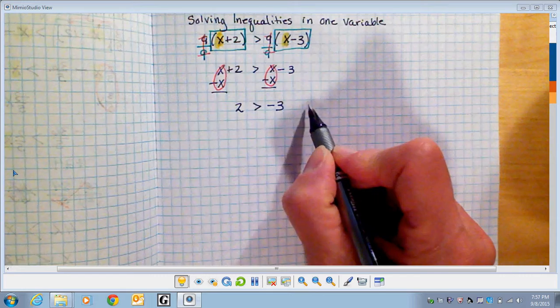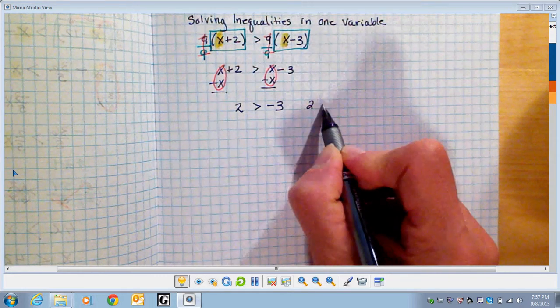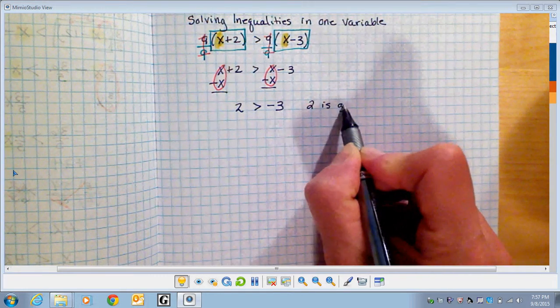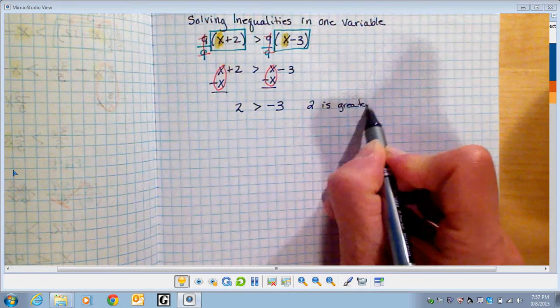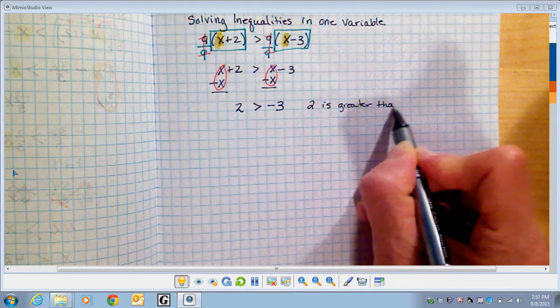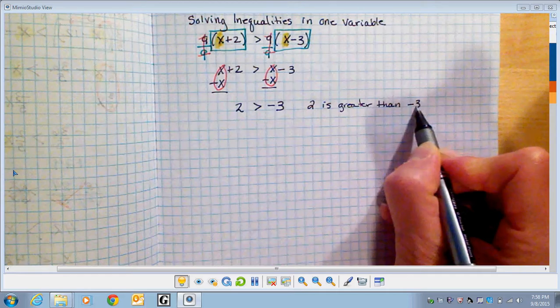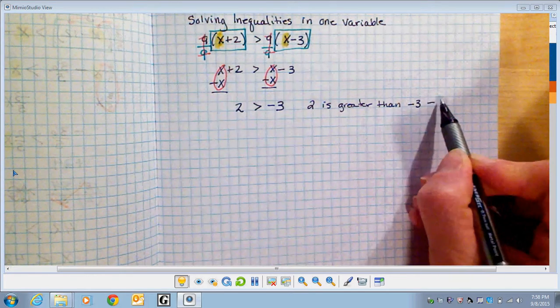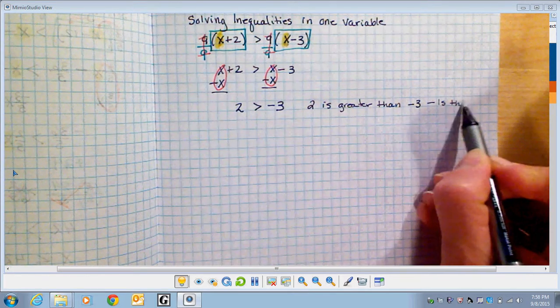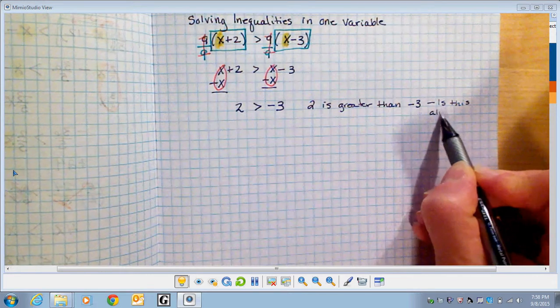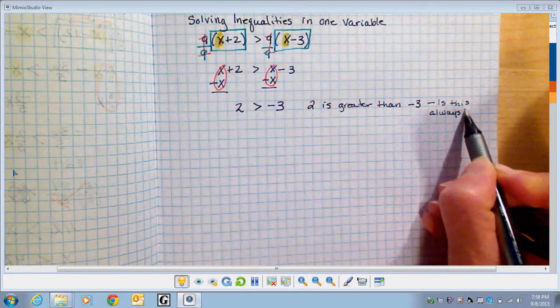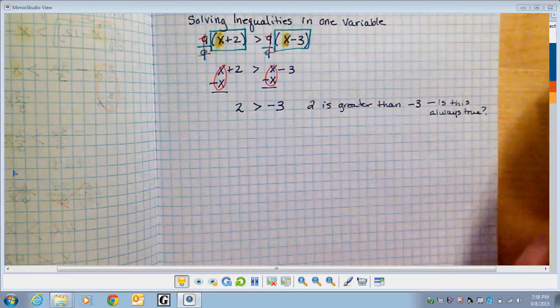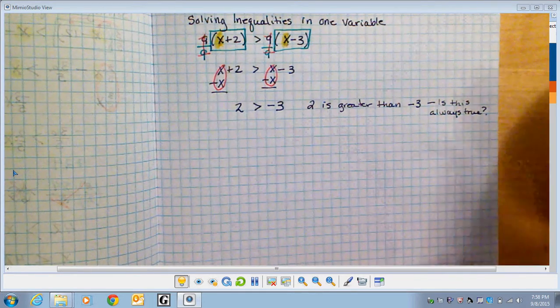So let's write this down like this. 2 is greater than negative 3. So the question is, is this always true?